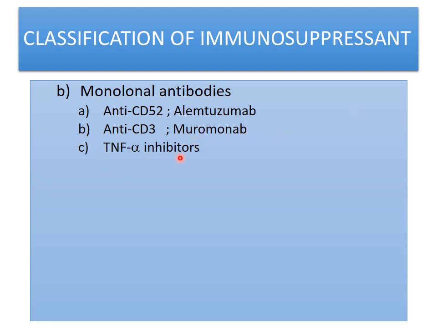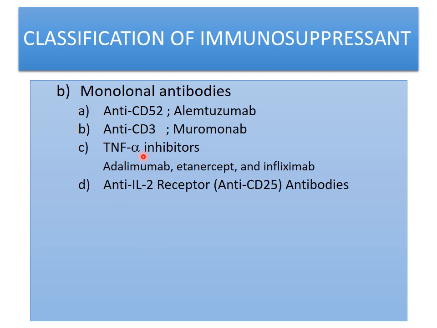TNF alpha inhibitors. The drugs are adalimumab, etanercept, and infliximab. We have already discussed the TNF alpha inhibitors in the chapter on rheumatoid arthritis. This group belongs to disease modifying anti-rheumatoid drugs, DMARDs. So we are not going to discuss this group in detail in this lecture.